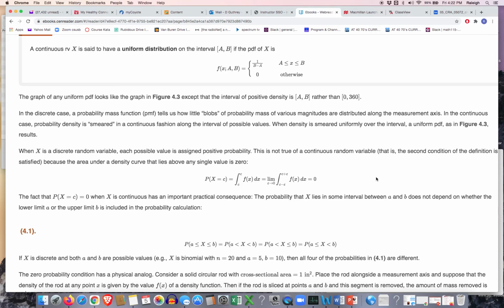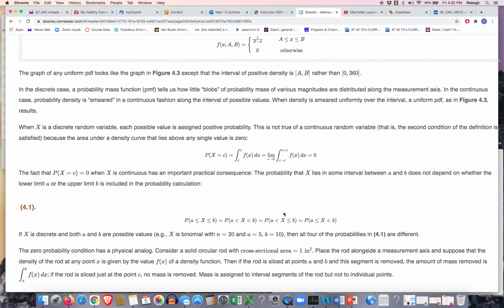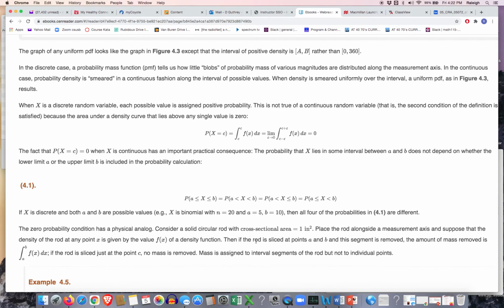Now you just cut it, and you don't take anything out. You don't have any area to speak of. So they mentioned that over here, yeah. So the rod is sliced at points A and B. This segment is removed. That's the amount of mass removed. But if it's just simply sliced at a point C, you just break it into 2 pieces, no mass is removed. It's 0. So that takes a little thinking of it first.